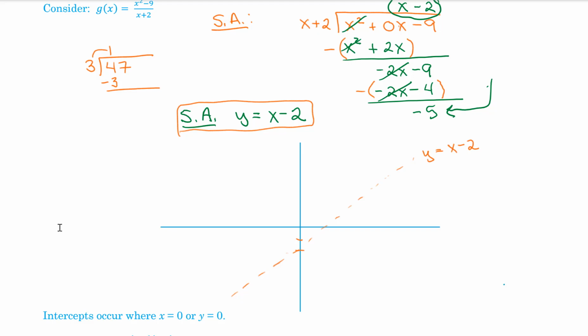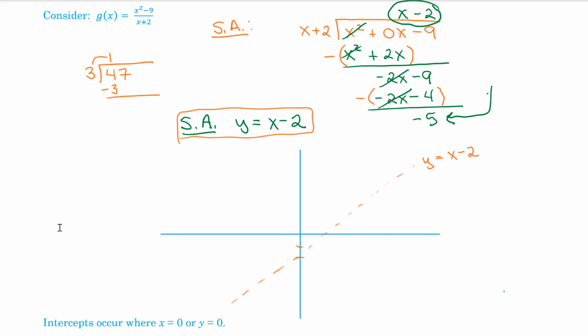Going back to the original function in the upper left-hand corner, I also want to consider, does this have any vertical asymptotes? Well, recall, vertical asymptotes occur where the denominator is 0. The denominator is 0 at x equals a negative 2.